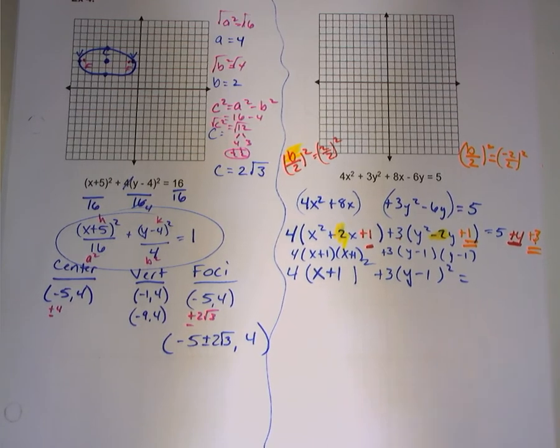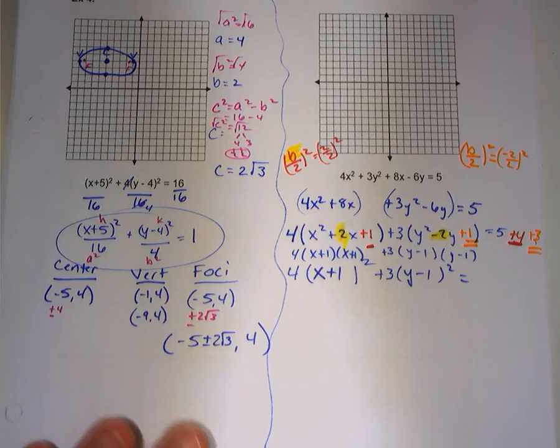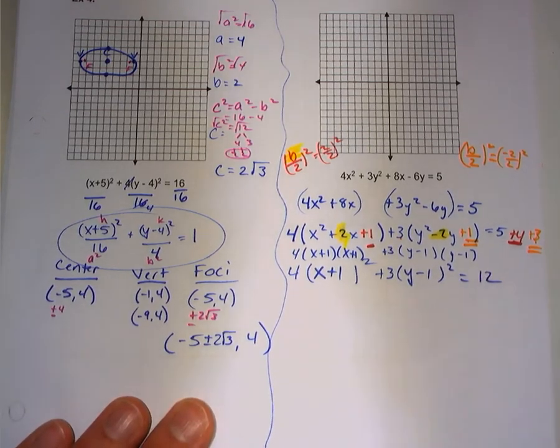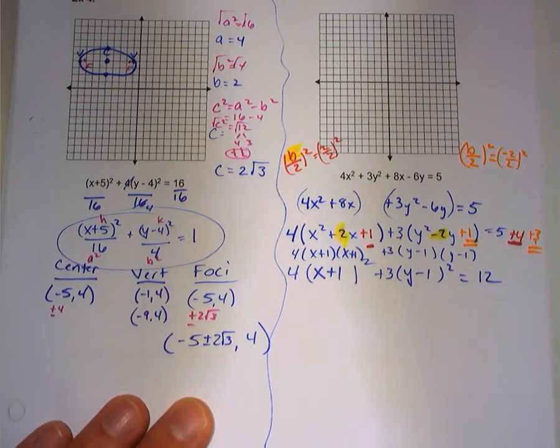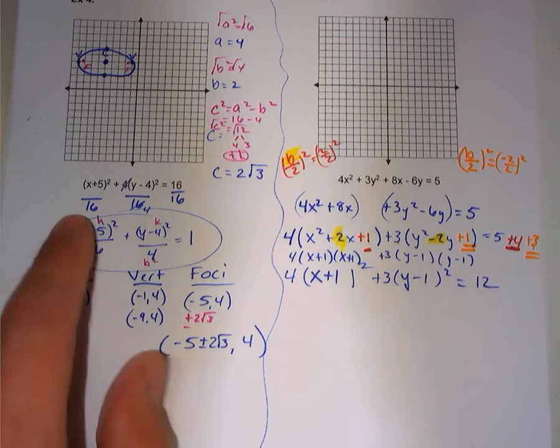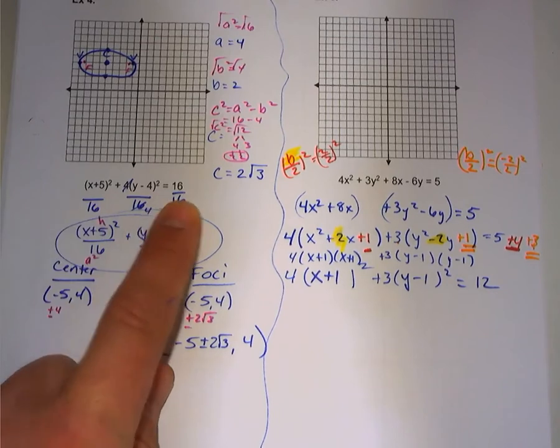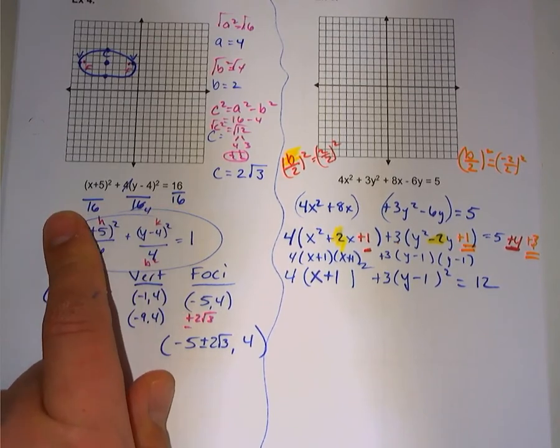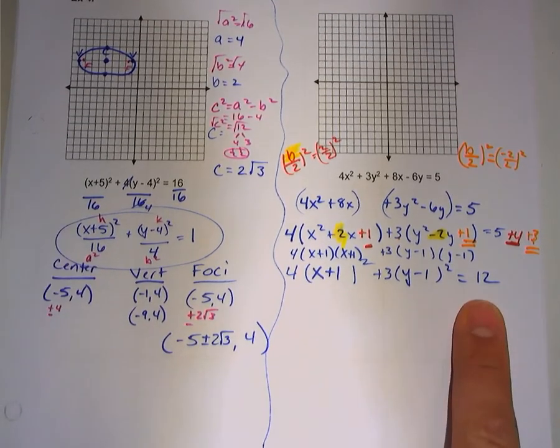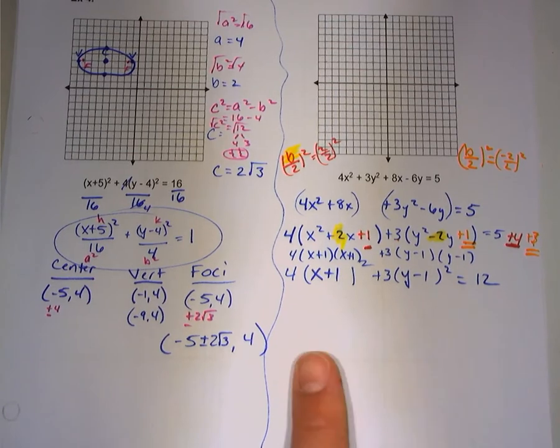The right side, we just add these up. 5 plus 4 plus 3 is 12. Last step. We're essentially where we were in example 4 to start. Last step before we can graph this thing. Get rid of this 12. This is the moment of truth.